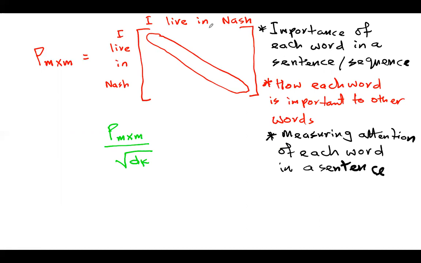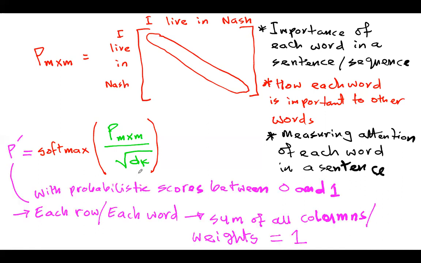And then what you do here is normalize the entries of this P matrix with the square root of dk. Remember what dk was? dk was the dimension of the word embedding or the word vector of our input data X. If you go back to the previous slide, you can follow from that. Once we normalize this matrix with the square root of dk, then we take a softmax.